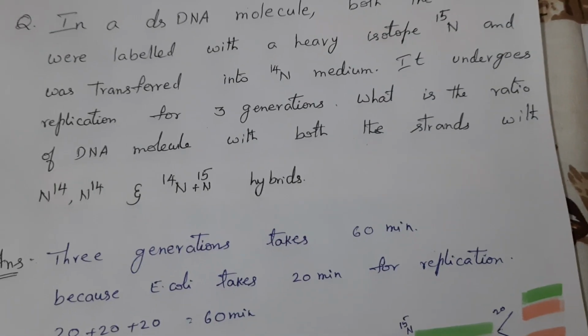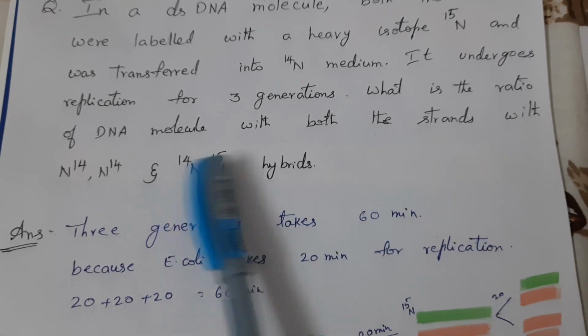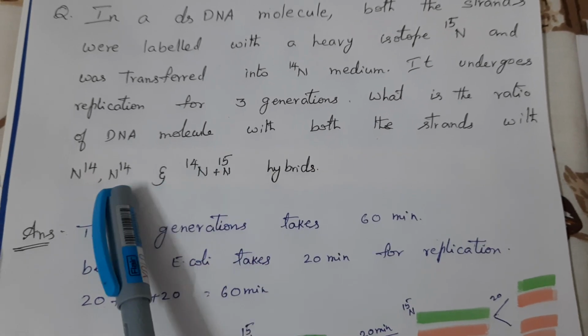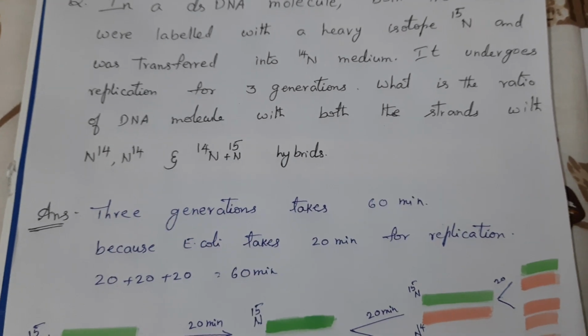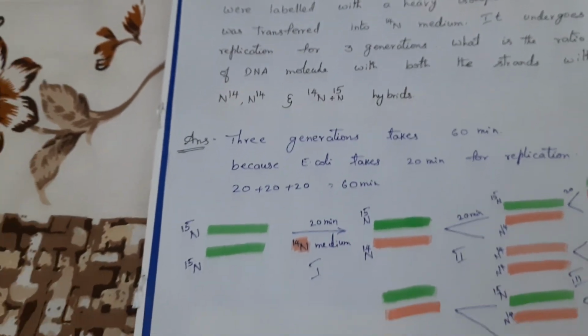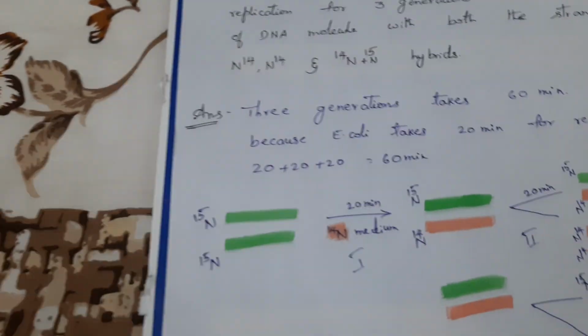So, it undergoes replication for 3 generations. What is the ratio of DNA molecules with both the strands N14 N14 and N14 N15 hybrids? So here we are seeing this type of problems which are going to be done only in bacteria.